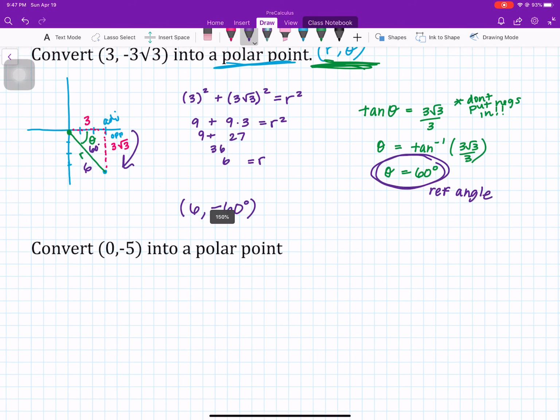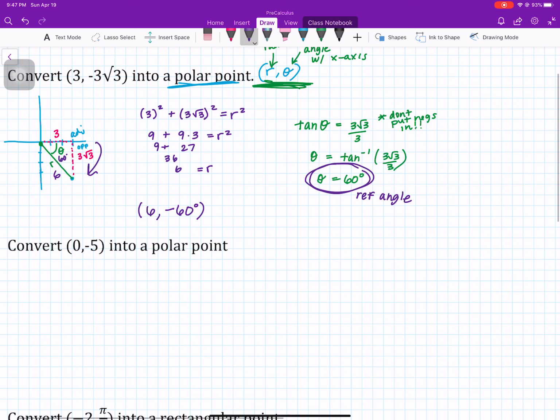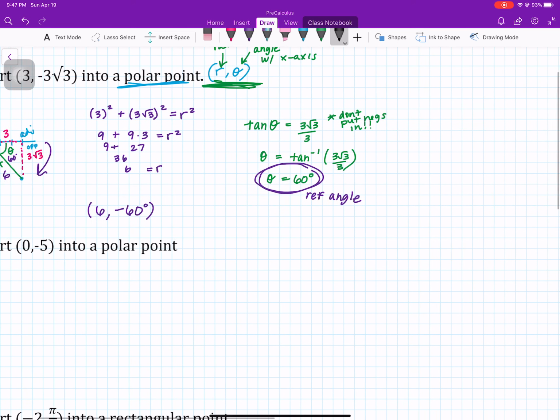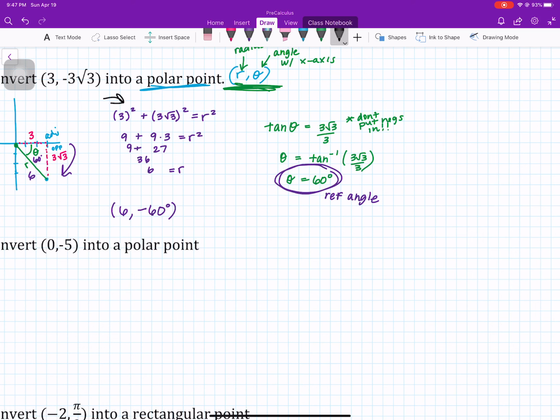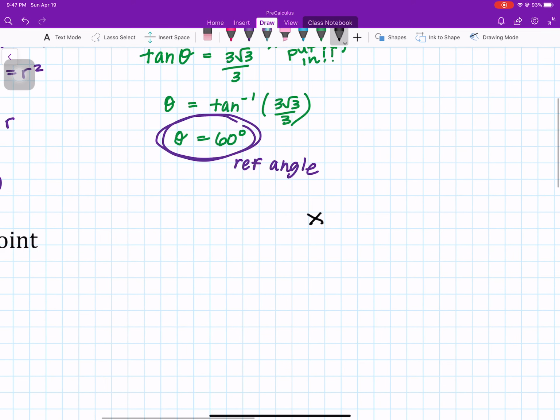Let's do it again. But before we do that, let's look at what we figured out, because these are some general things that you probably want to add into your notes. Here we used the Pythagorean theorem, right? And this was the x value, this was your y value: x squared plus y squared equals r squared. And that's always going to be true, no matter what.